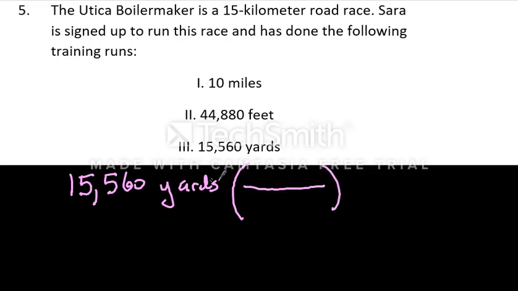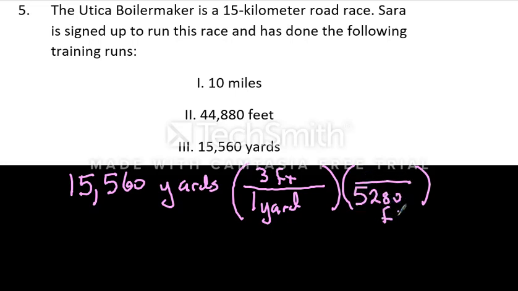So we got to go, right? We know 1 yard is equal to 3 feet. I know that it's 5,280 feet for 1 mile. And I know for every 1 mile, it's equal to 1.609 kilometers.